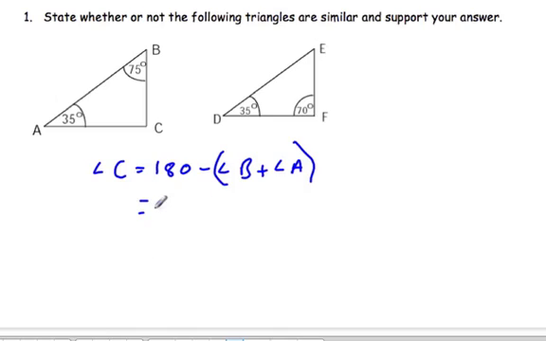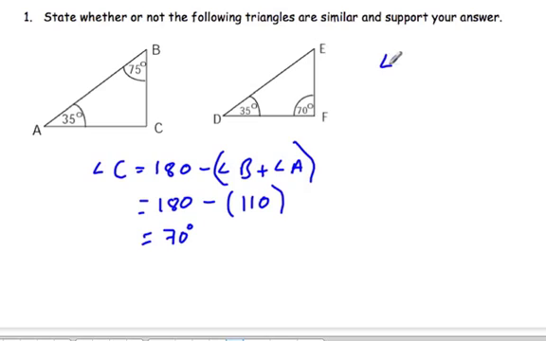Okay, so this will be equal to 180 minus the sum of the two angles, which is 110. So angle C is equal to 70 degrees.